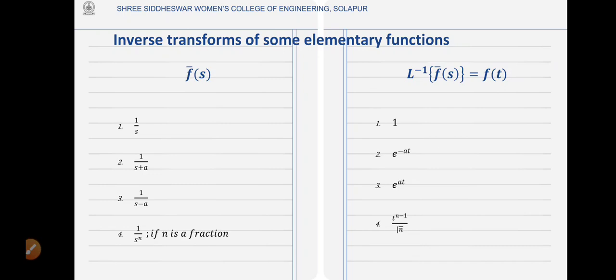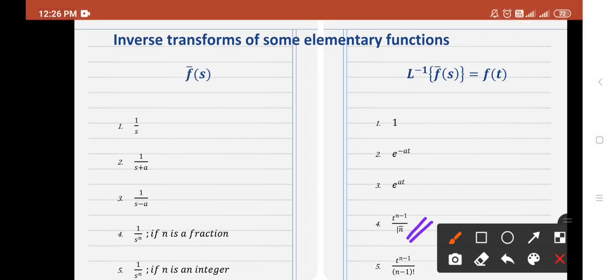And the second case is 1 upon s raised to n, if n is an integer, then its inverse Laplace transform is t raised to n minus 1 divided by n minus 1 factorial. Kindly note the denominator in both the cases.